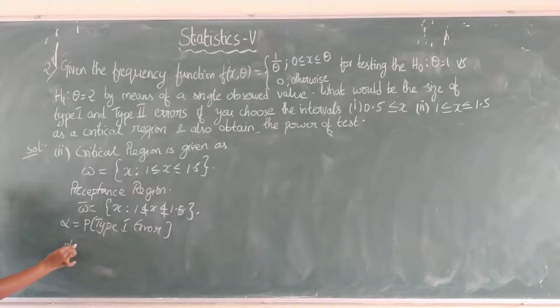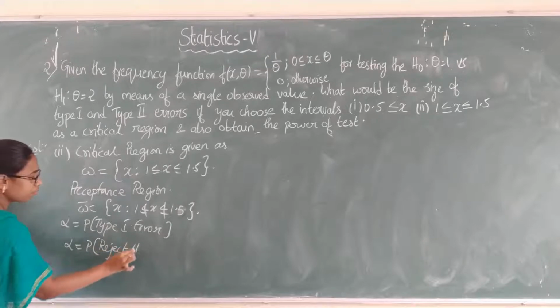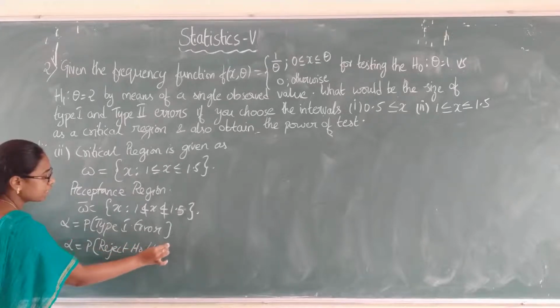So type 1 error means probability of reject H0 when H0 is true.